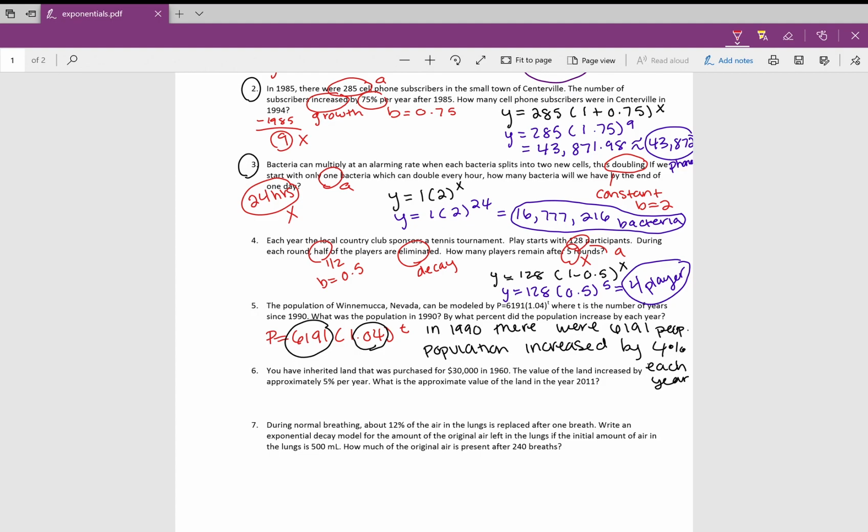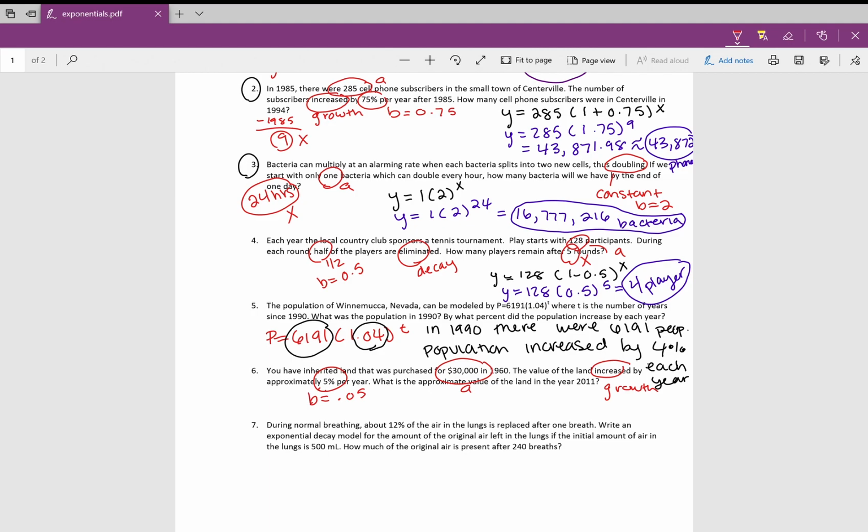You purchased it for $30,000, so that's your A value. The value of the land increased, so this is growth, by 5%, so that's your B value, which we turn into a decimal, 0.05.